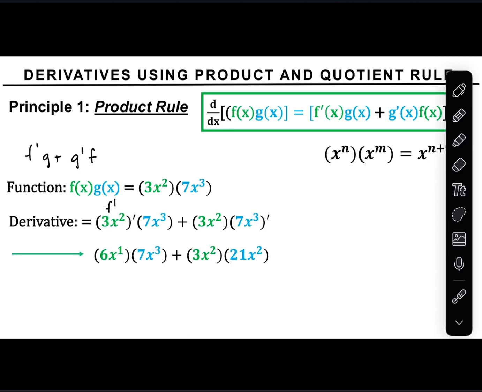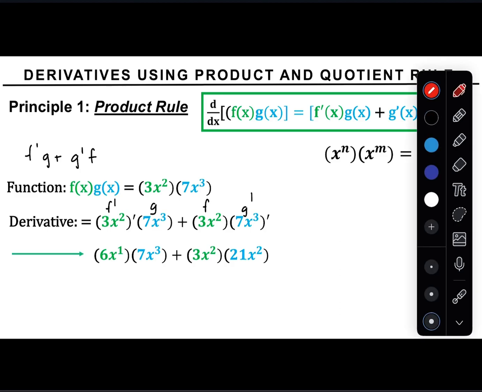F prime g, and f and g prime. So we take the derivative of these. For f prime, we take the derivative, and g just goes straight down, it doesn't change. On the other side, f doesn't change, and g changes as we take its derivative. Now we can simplify more.